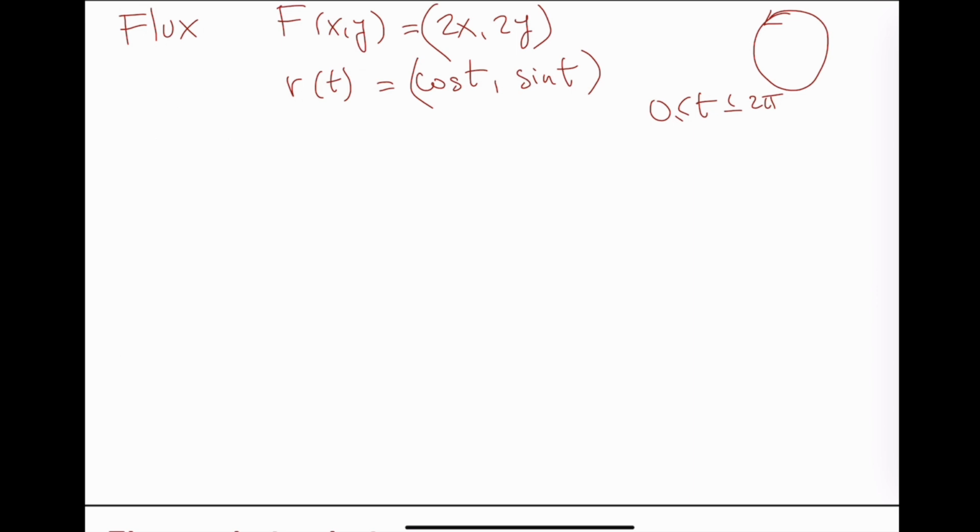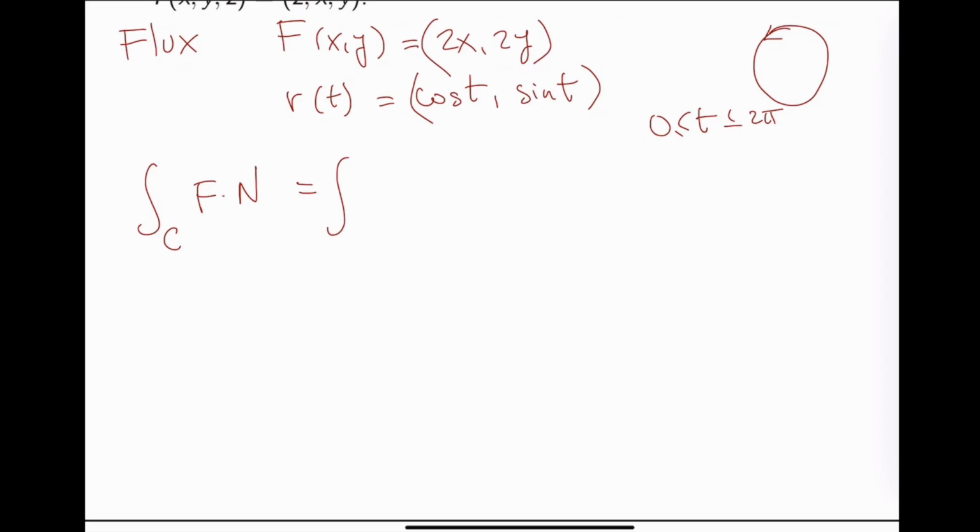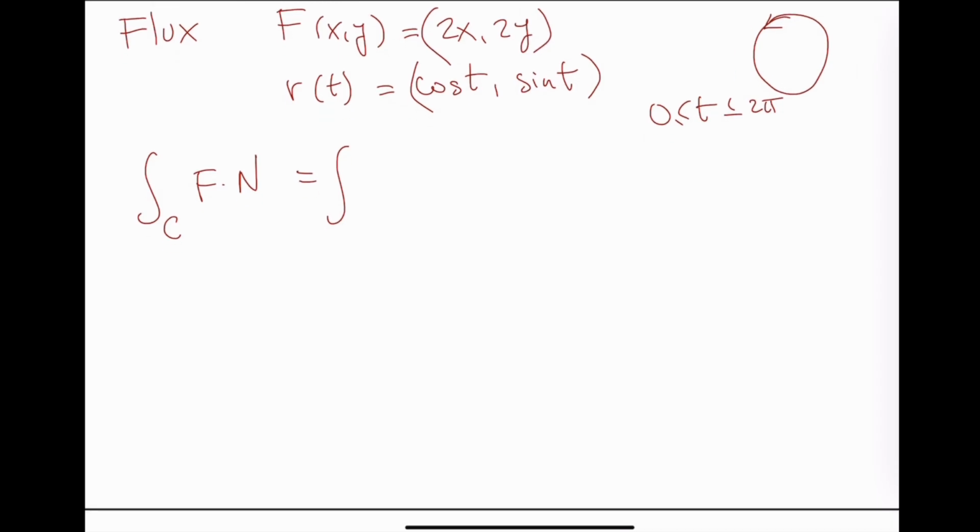So to calculate the flux, then, we need to calculate the integral, as was said before, of minus q. I remind you the formula. The integral was minus q dx plus p dy.